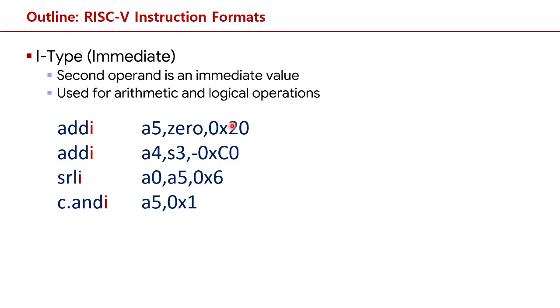Because the second operand is an immediate value, just like 0x20, minus 0x3, 0x6 and 0x1. In all of these, the second operand is an immediate value.